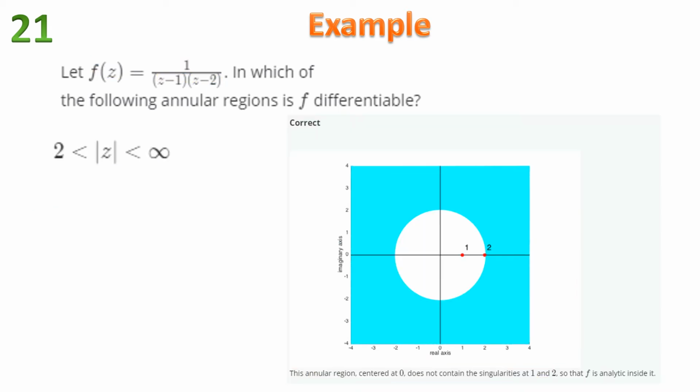Now in the last part of this example, we are considering that mod of z is lying between 2 and infinity. 2 is not included. That is a very important thing here. We have to consider a circle of radius just above 2 up to infinity.